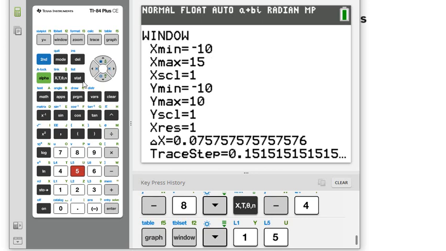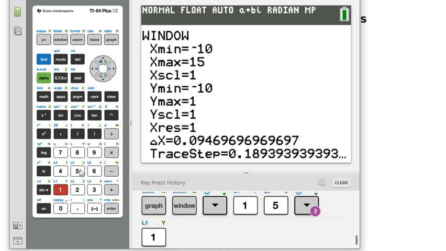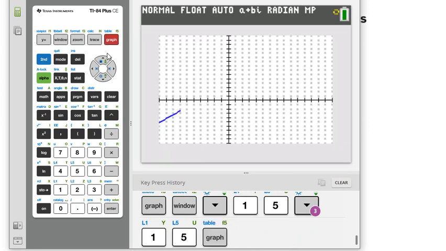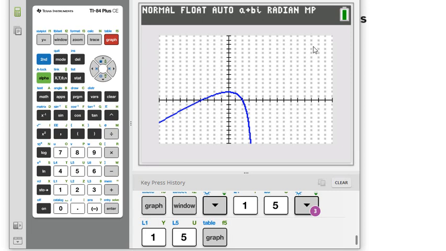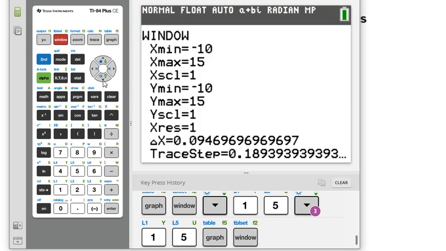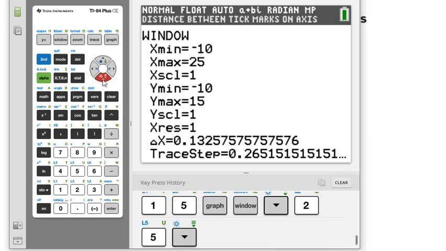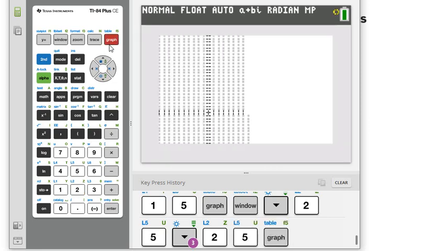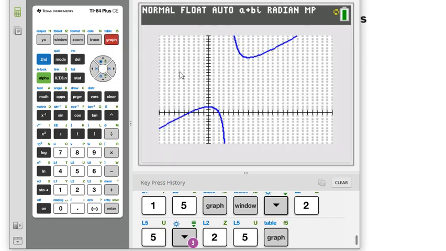I'll put 15 here and 15 here. I think we should be able to see that break. I'm still not quite seeing it up here. Let's try 25 to see both pieces here. There we go.